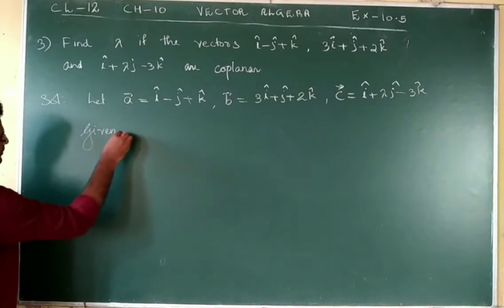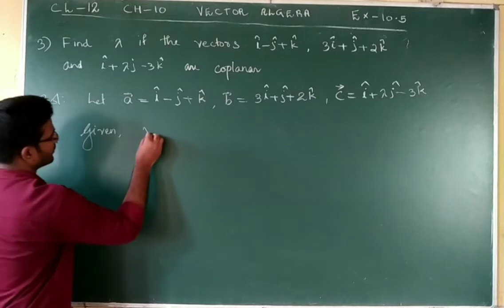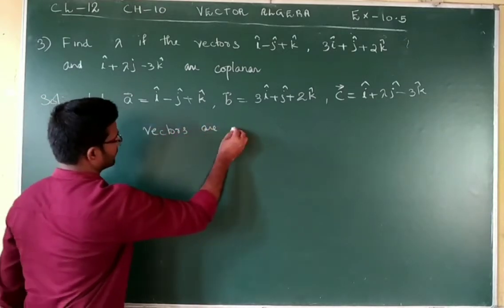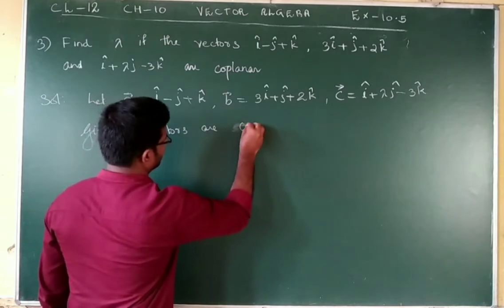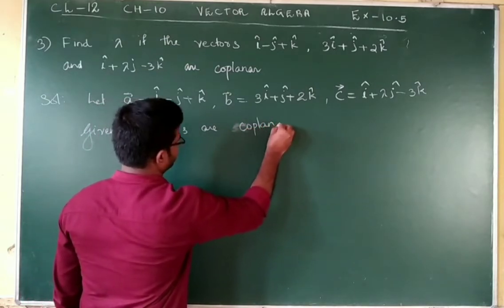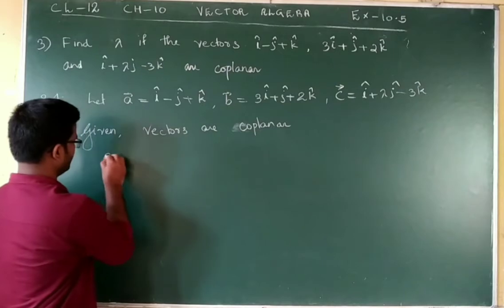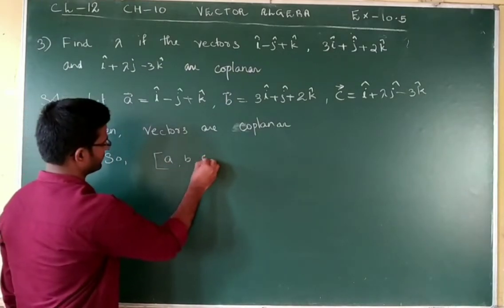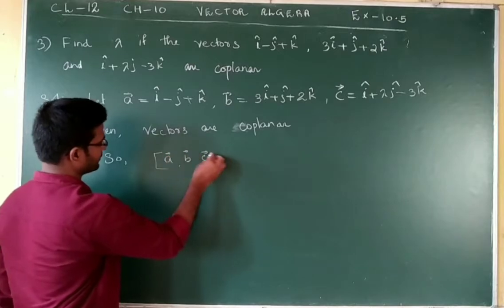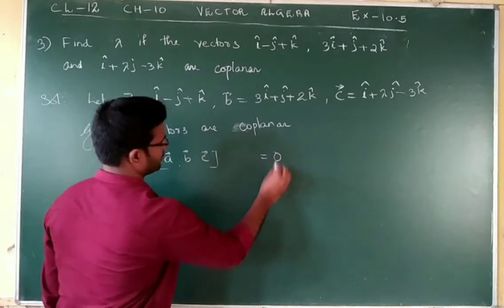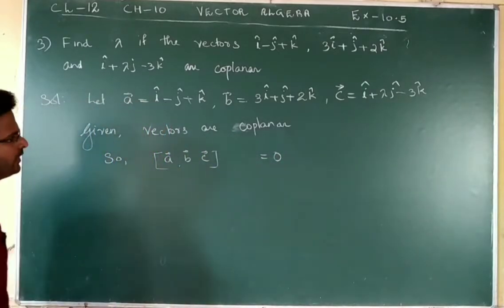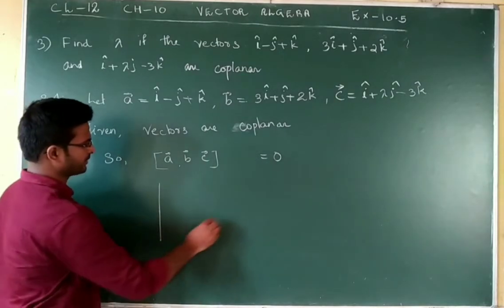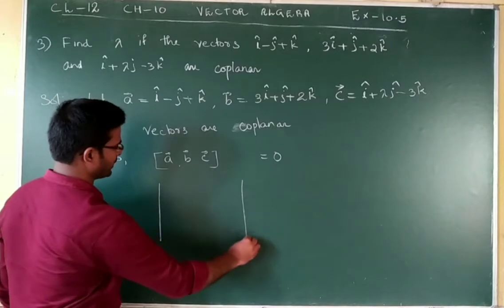Already given, given vectors are coplanar. So, we can write scalar triple product of 3 vectors equal to 0, because of the given, that is coplanar. Find out scalar triple product by the determinant method.